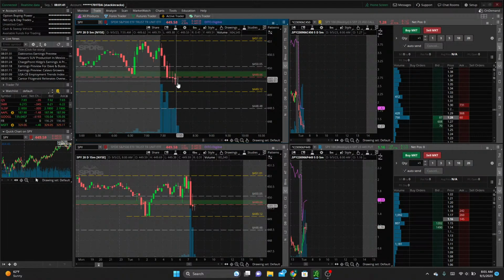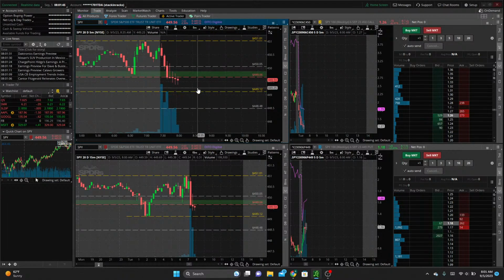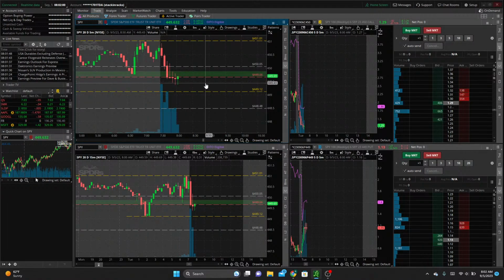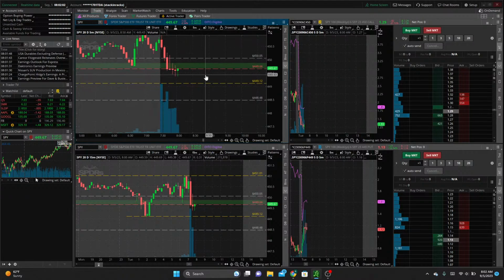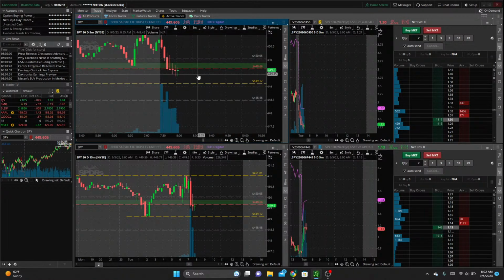But we do have a break below this zone. We do have retests of this zone. Typically, that is what I'd look for. We've broken out of not yesterday, but Friday's range. So we keep pushing up, we keep testing it.